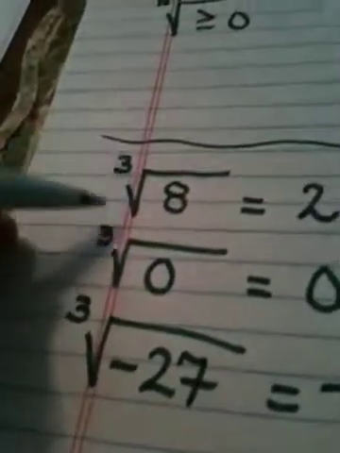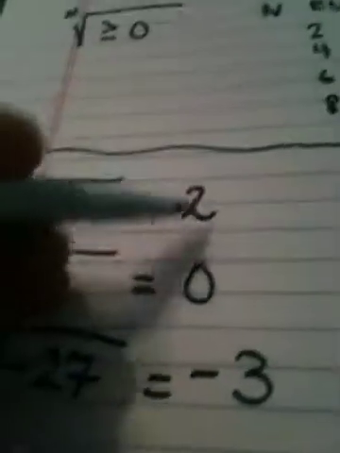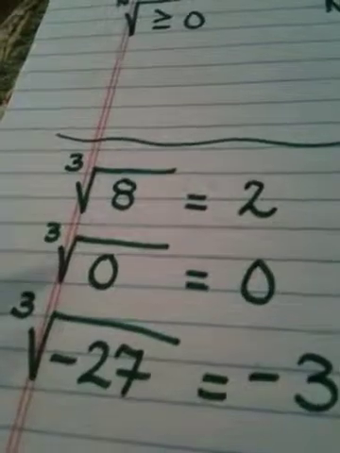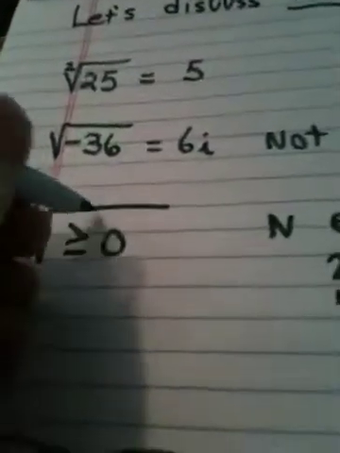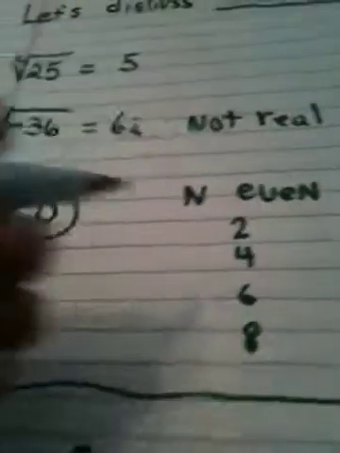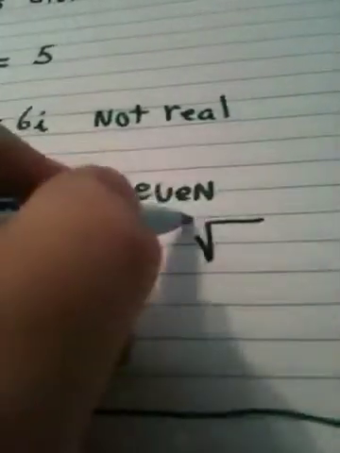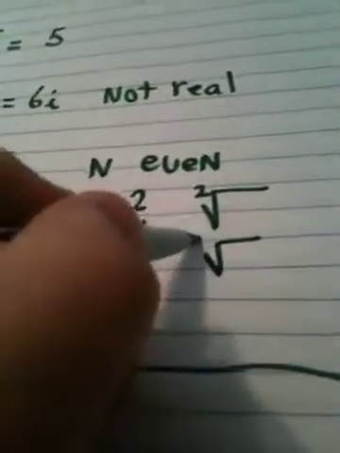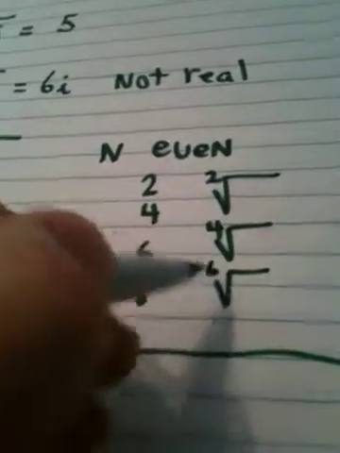So notice the huge difference here. When the index is odd, we are okay. There's no problem. You with me? The only time you ever have to worry is when the index is even. For example, a square root, a fourth root, a sixth root, an eighth root.